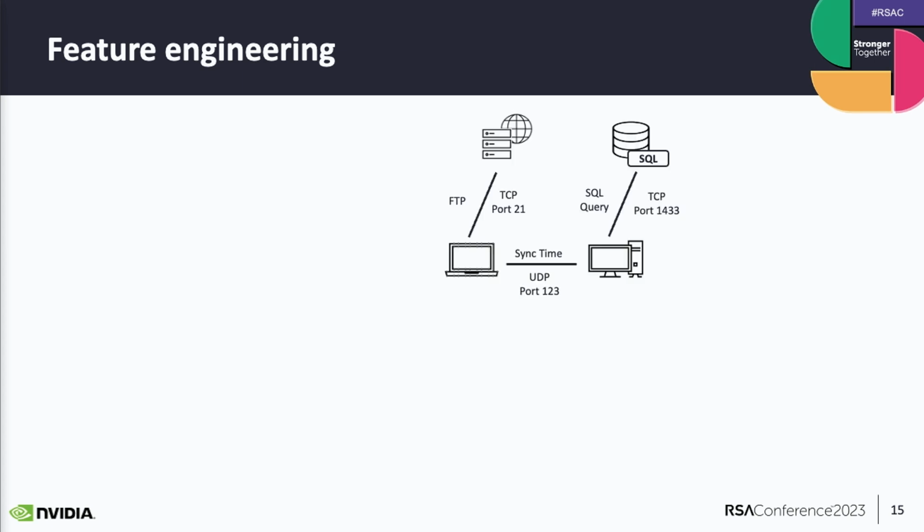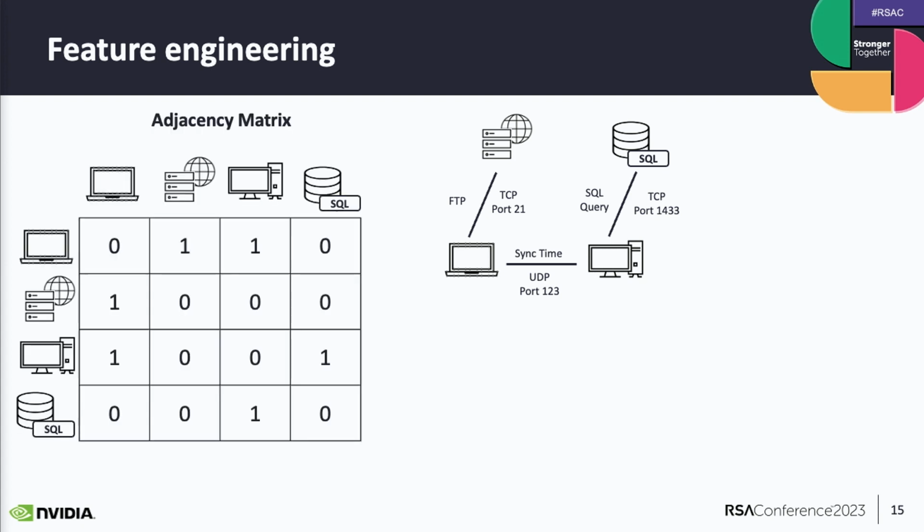So we have a small network with 4 assets: a web server, a laptop, a workstation, and a SQL server. All these 4 assets interact with each other using different ports and protocols. And now we'll try and come up with their adjacency matrix and feature matrix. Since we have 4 here, the adjacency matrix will be a 4x4 matrix, where each element of the adjacency matrix represents a connection between 2 assets.